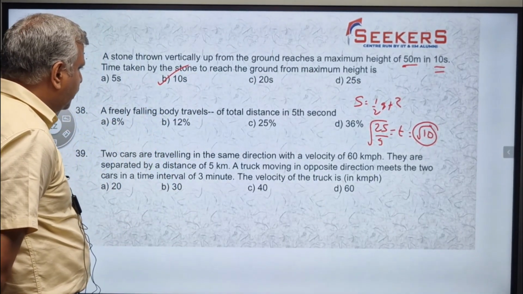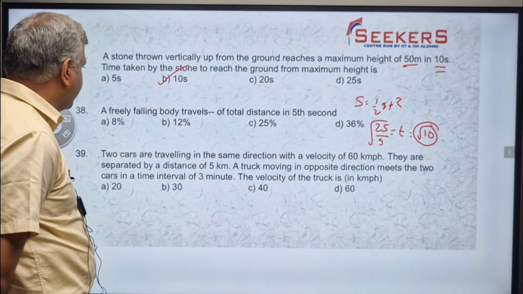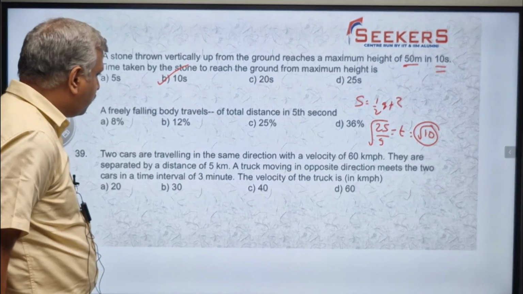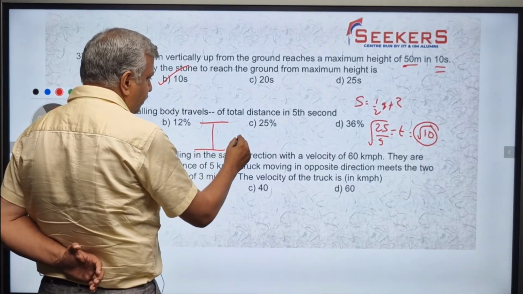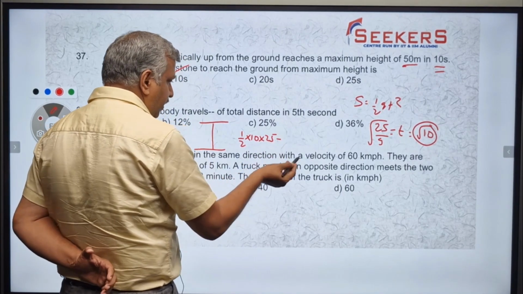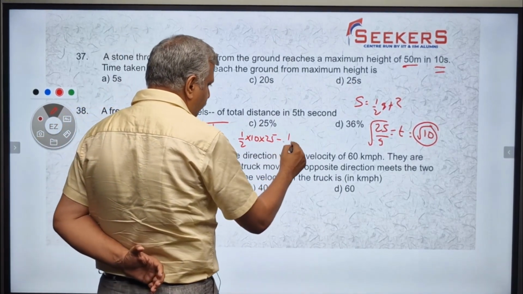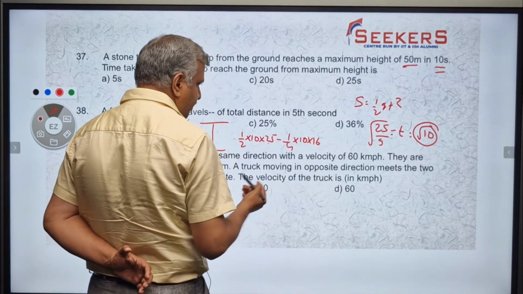A freely falling body travels dash of the total distance in the 5th second. So if it's a freely falling body, in 5 seconds it would have travelled a distance of half into 10 into 25. By the end of the 4th second, it would have travelled half into 10 into 16. 25 minus 16 is 9.